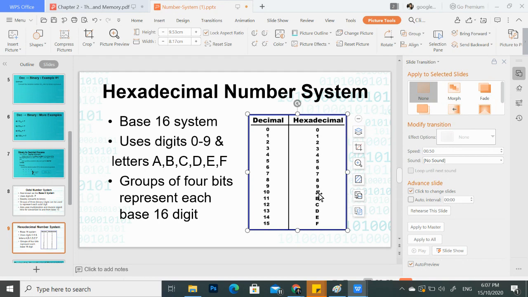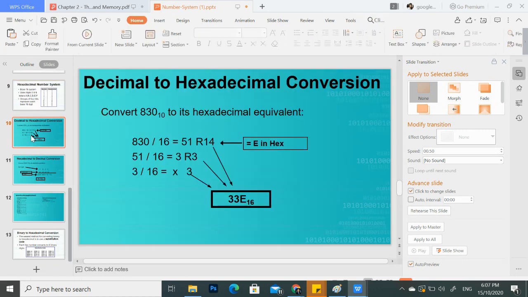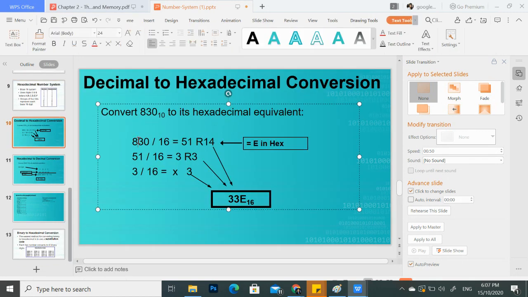Let's have an example of how to convert hexadecimal to decimal. Wala ko masyadong example actually, pero sige. For hexadecimal, no? So, this is how we convert, no? 830 base 16.